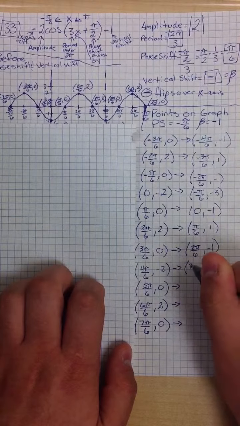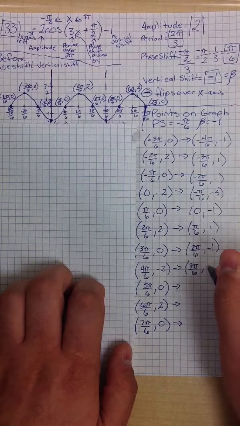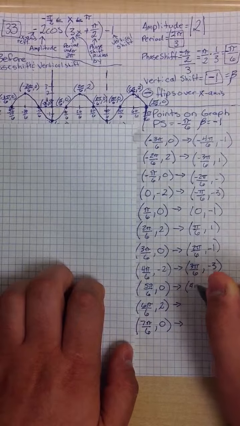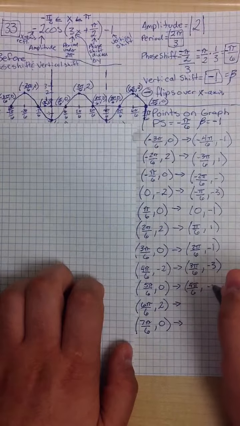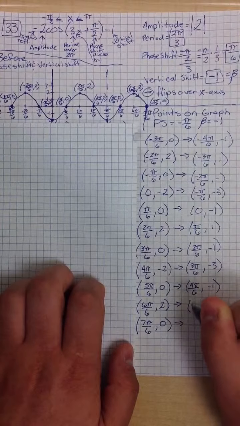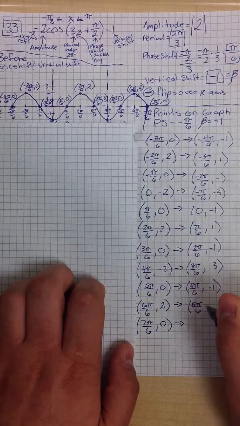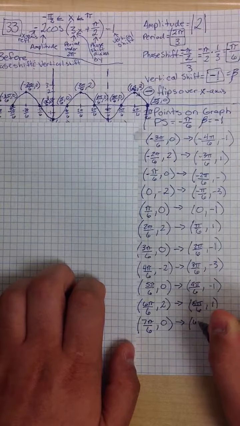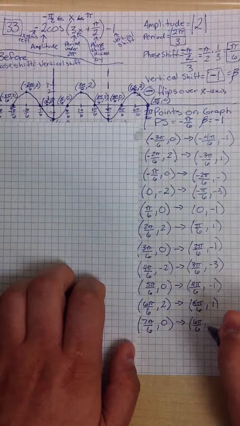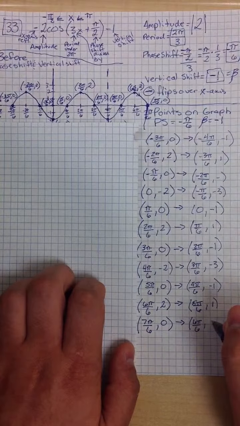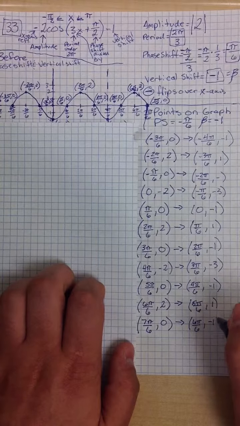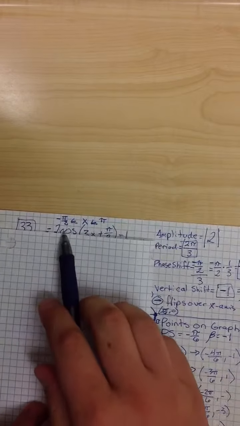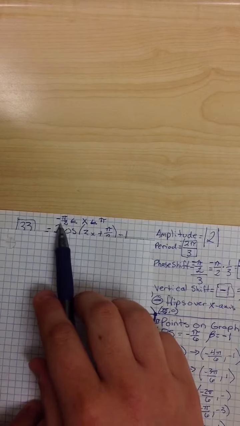Then 3 pi over 6, negative 3. Then 4 pi over 6, negative 1. Then 5 pi over 6, 1. And finally 6 pi over 6, negative 1.